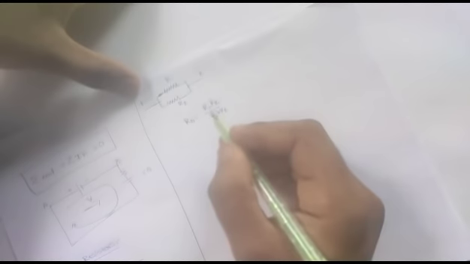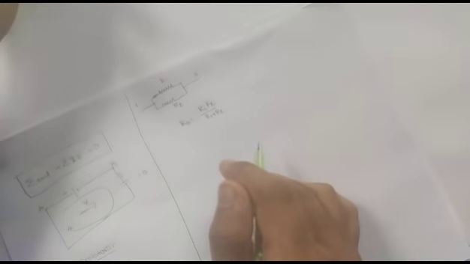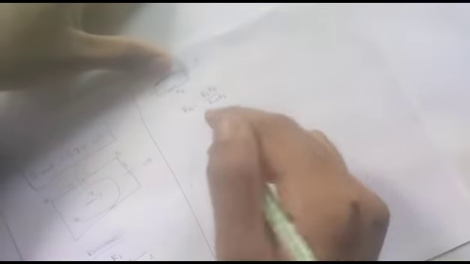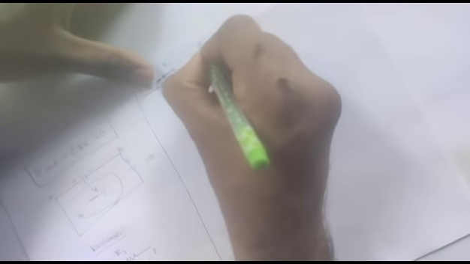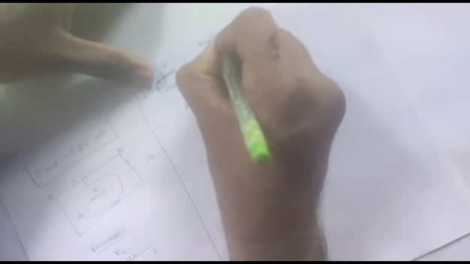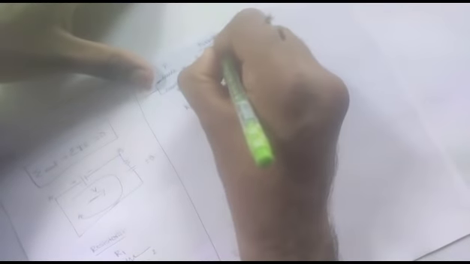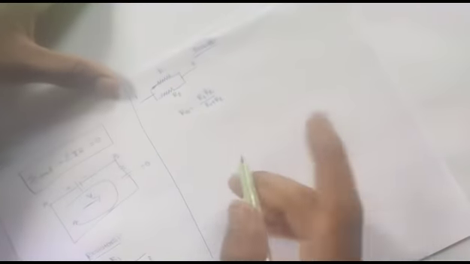From this formula we can find out the resultant when two resistors are connected in parallel. So this is the parallel connection.